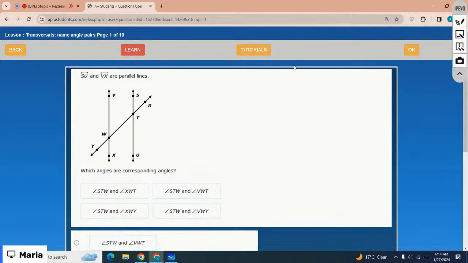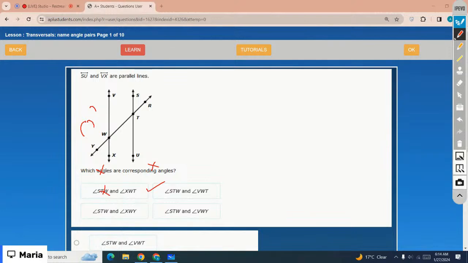STW and XWT. Okay, you have only one line that is intersecting, right? That means the angle that is made here and here, they are the corresponding angles, right?